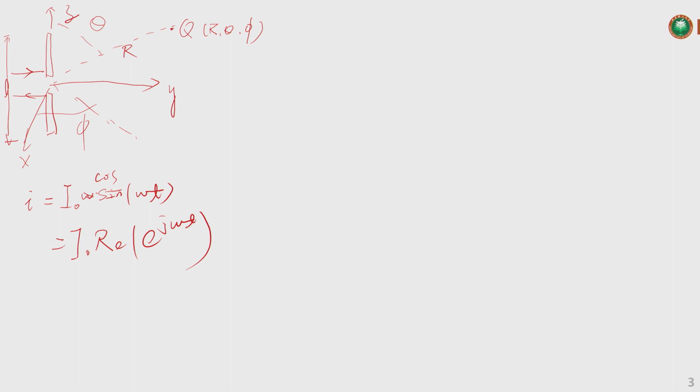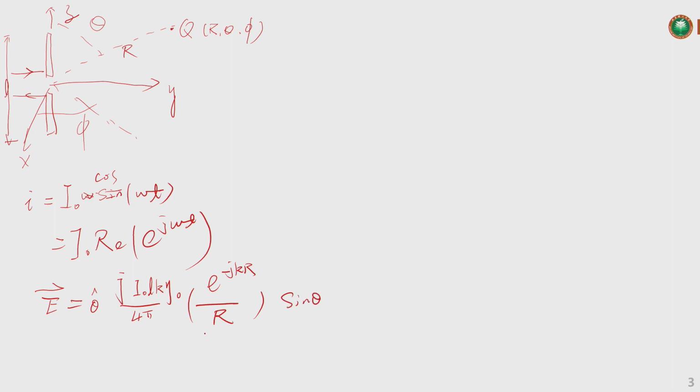We assume the electric field is only along the theta axis, so it can be expressed as the electric field E theta equals j times I naught L k eta naught times the propagation factor e to the minus jkr, over 4 pi r, times sin theta, for spherical waves.